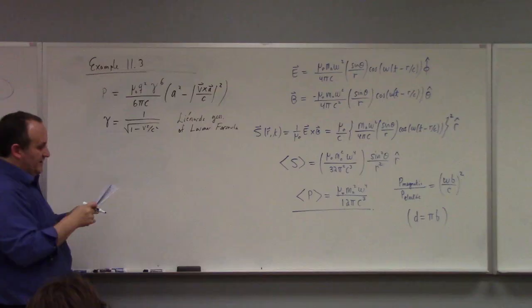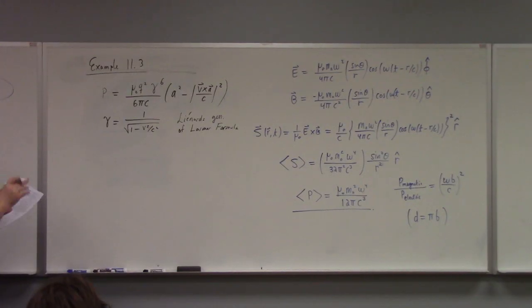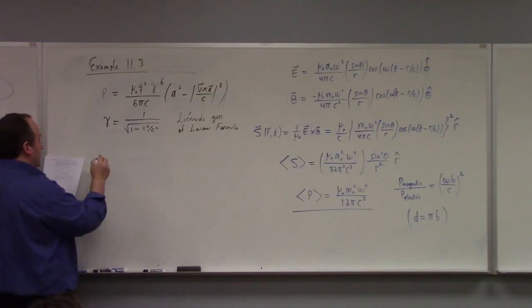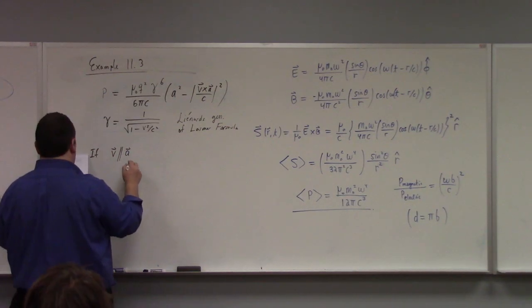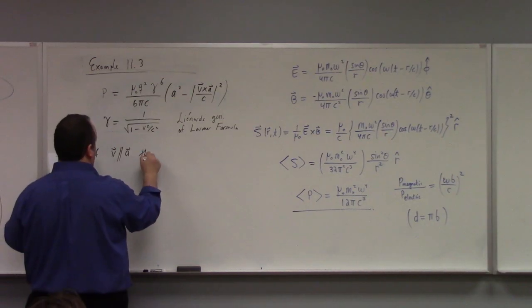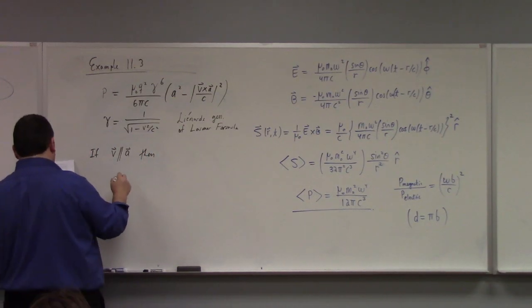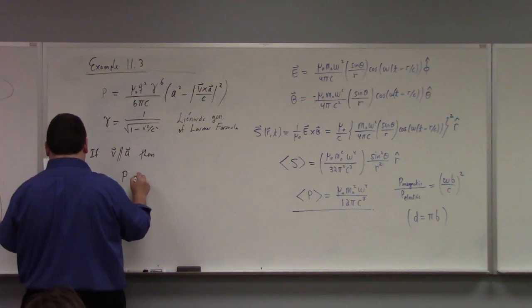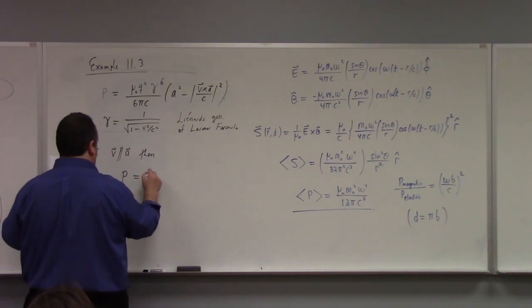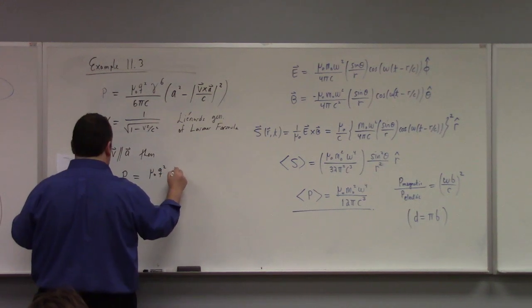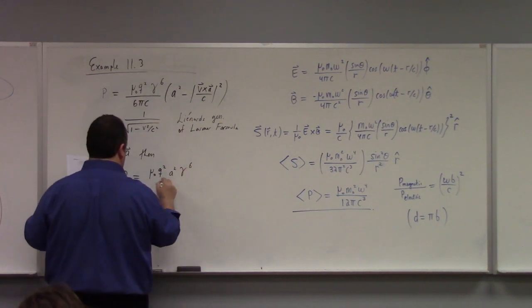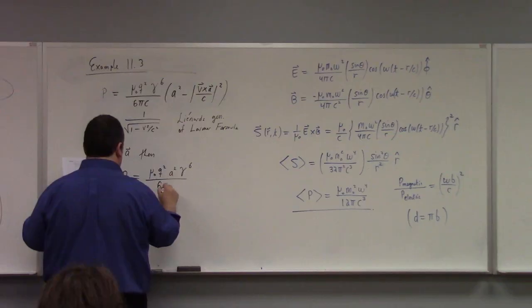And so this is interesting. He looks at the case that the velocity and the acceleration are instantaneously collinear. If the velocity is parallel to the acceleration, then you are able to show that the power is mu naught q squared a squared gamma to the power 6 divided by 6 pi c.